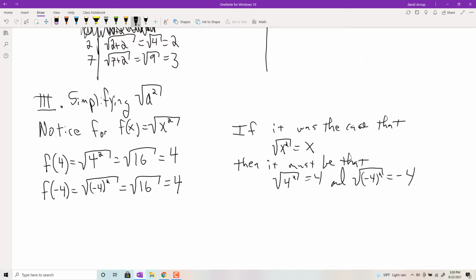You see, you're just taking whatever is being squared and plopping it as your answer. If that were true, then this would follow, but we know that doesn't follow because we just computed those answers, and the square root of negative 4 squared is not negative 4. This is wrong.